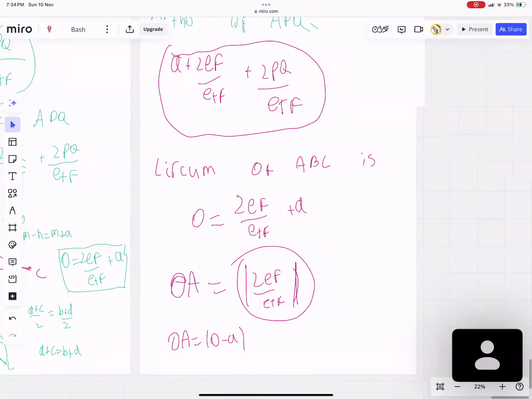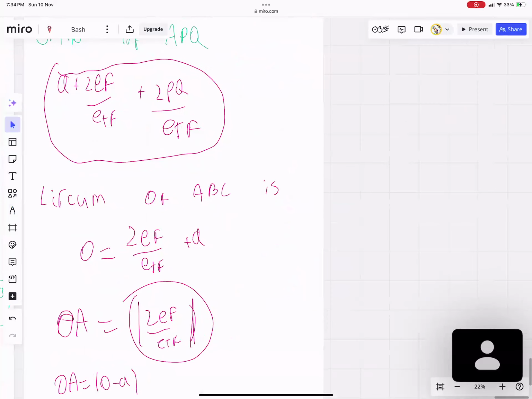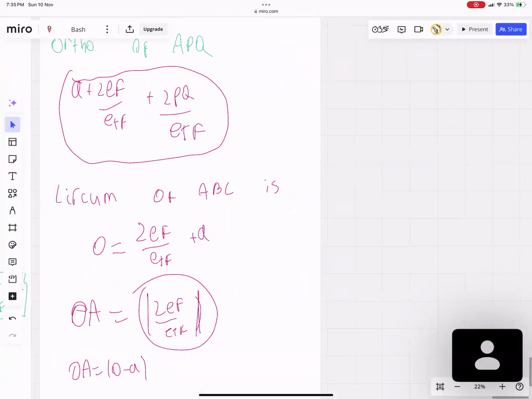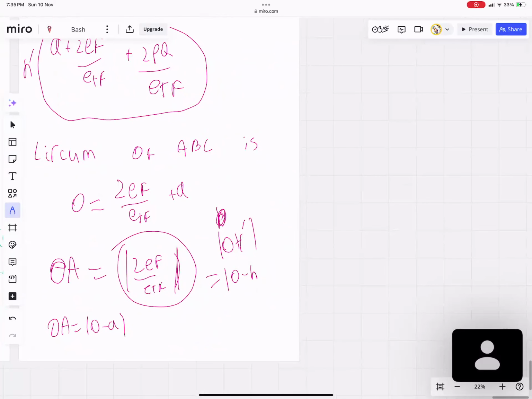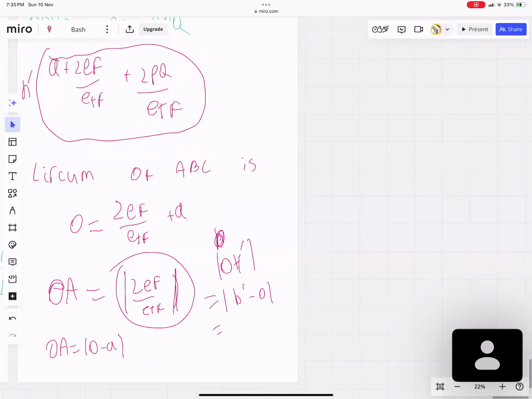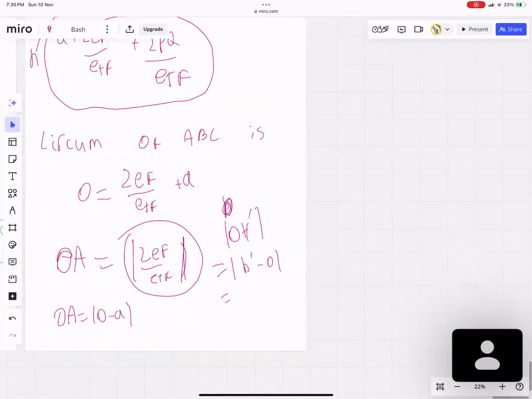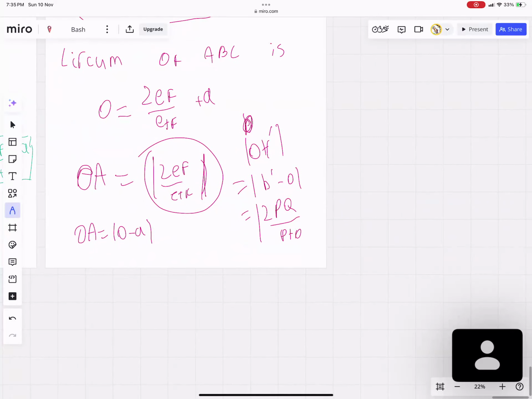And we have to prove that this is equal to A plus 2PQ upon (P plus Q). Yeah, sort of. So if this is denoted by H prime, you want the length OH prime, which is the magnitude of H prime minus O, to be equal to the length 2PQ by (P plus Q).